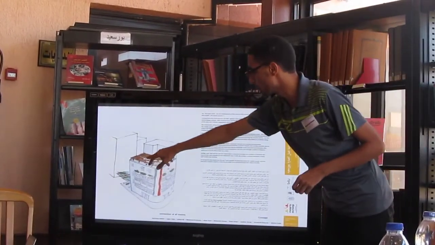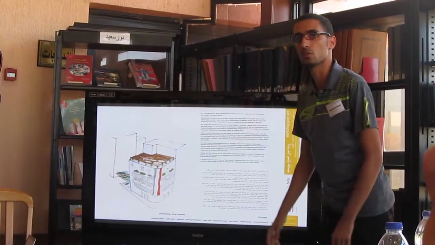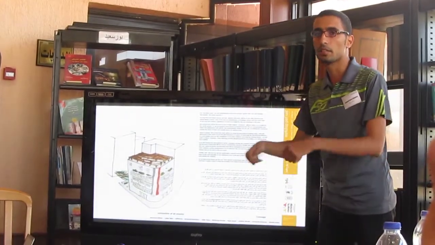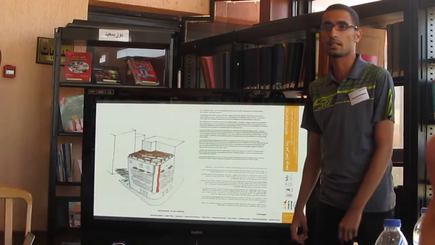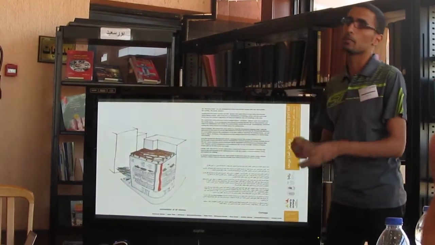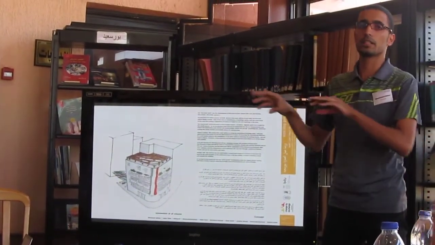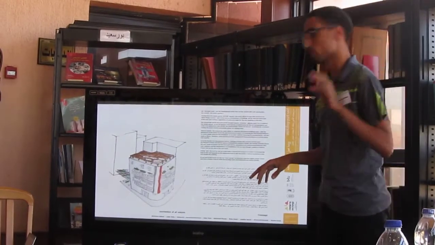We are also going to add some PV panels. Here in Egypt we are suffering from problems in electricity, so we can make the building generate its own electricity on a further level.